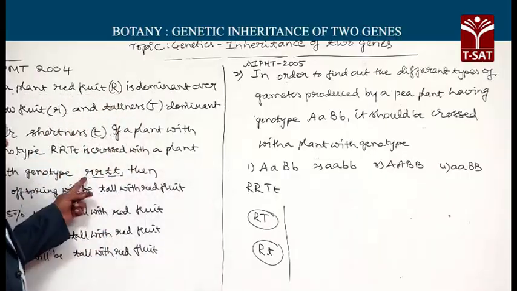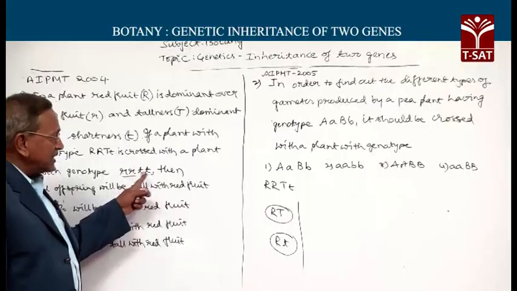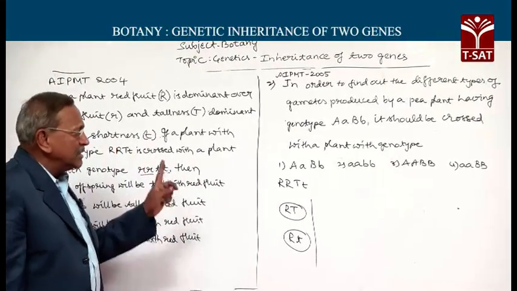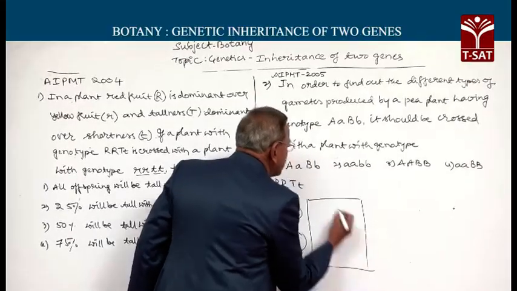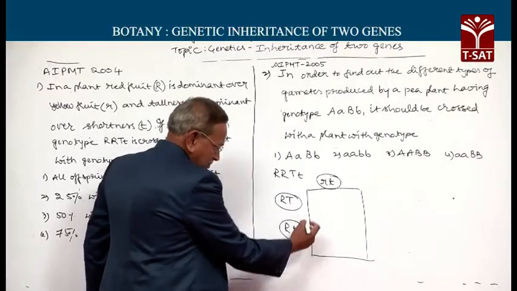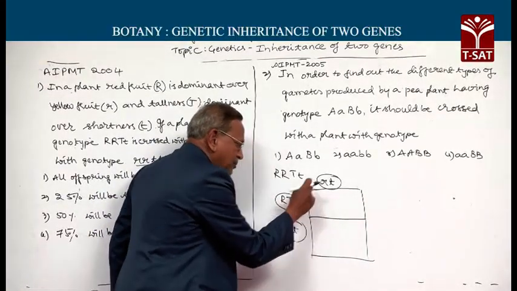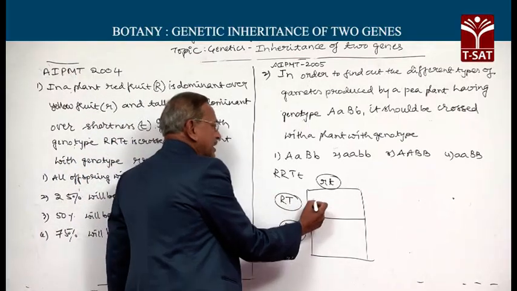And since the other parent is homozygous for both characters, small r, small t, it will produce only one type of gamete, and that will be small r, small t.